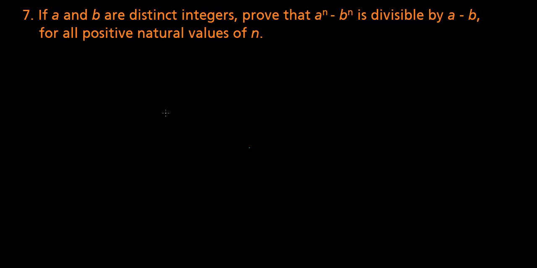To do this problem, we need to start with a raised to the power of n, and then rewrite it as a minus b plus b raised to the power of n, and then expand it using the binomial theorem.